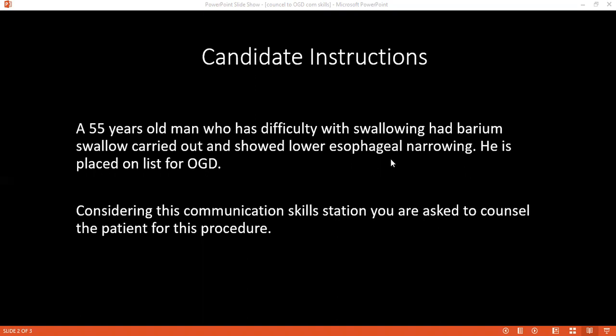I think in communication with a patient or relative, you just have to call the name, for example, hello, Miss John, hope you are doing well. Not in this case, because here the patient is not already scheduled on the list. In a case like arthroscopy, where the patient was already on the list and had to be approached to cancel, the patient's name should be known to the doctor.